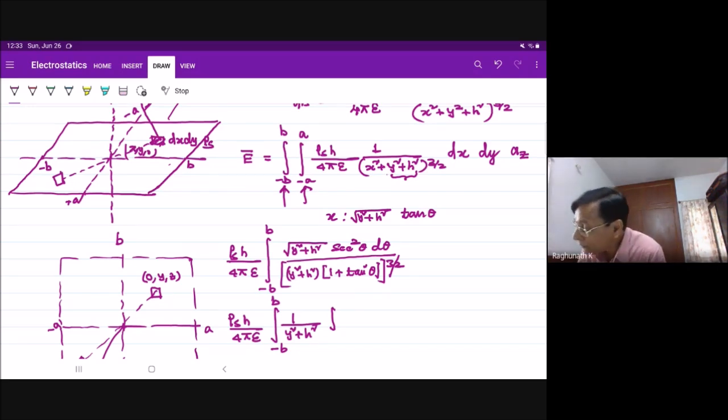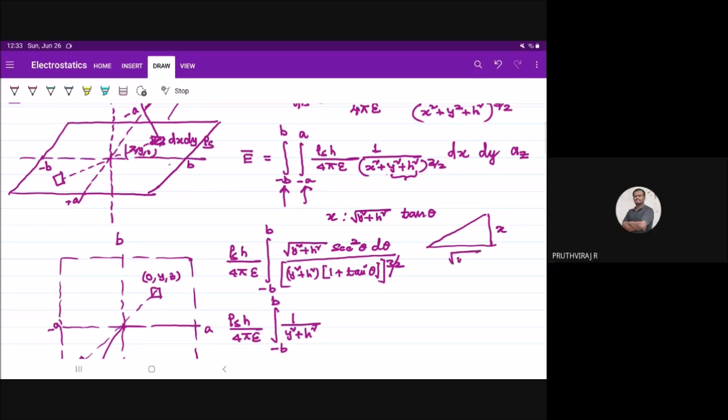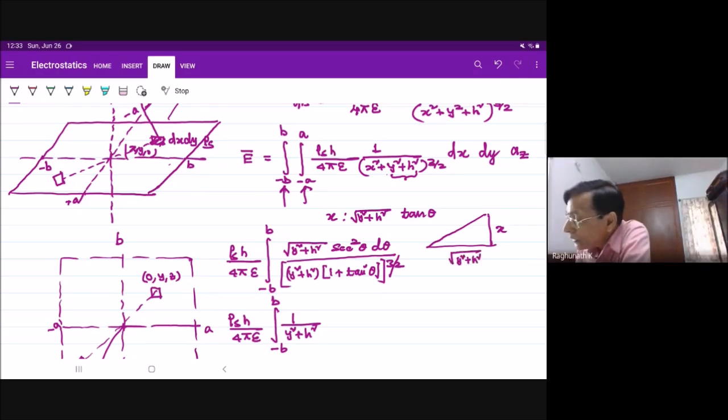What is that sin theta? Because my substitution is tan theta equal to x by root of y square plus h square, this is theta. Sin theta is x by root of x square plus y square plus h square, from minus a to plus a.